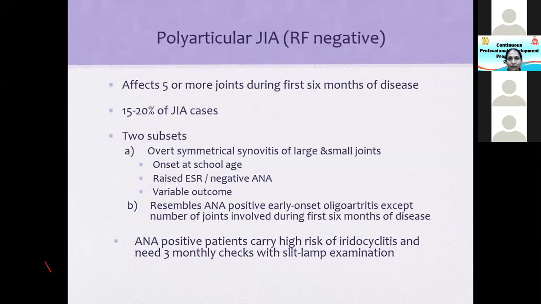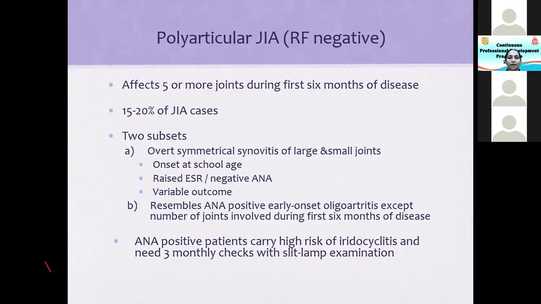Now, if we have a look at polyarticular JIA, rheumatoid factor positive, it occurs in about 15 to 20% of patients. When you mention polyarticular, you know that the joint number is more, 5 or more joints within the first 6 months of the disease.